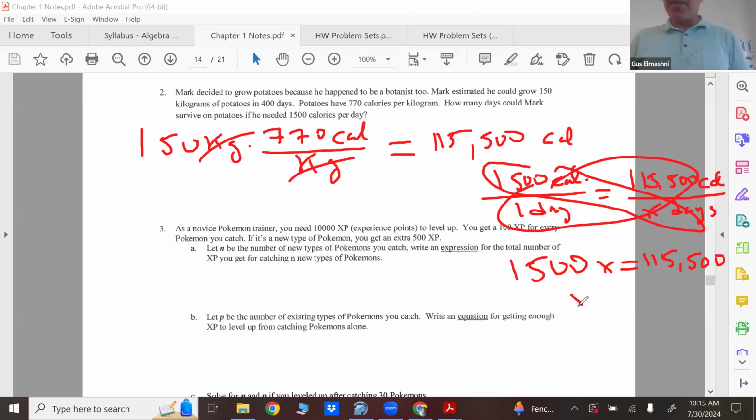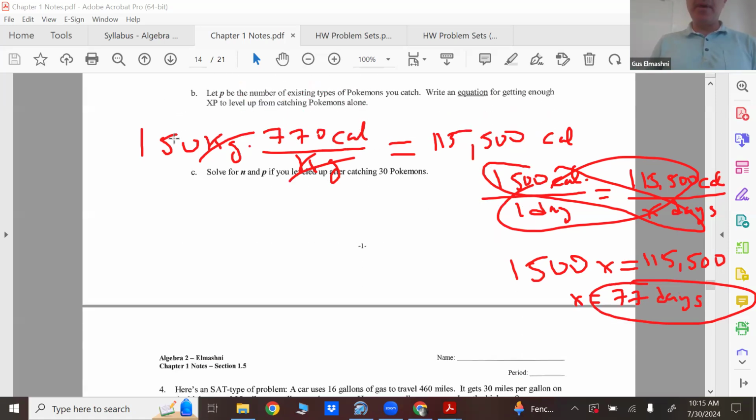It'd be 77 days. So I did make an equation eventually, but initially I did a conversion, and then I set up a proportion after that. Okay. So if that makes sense, we're okay with that. All right, just use logic. I think that's sometimes your best bet.